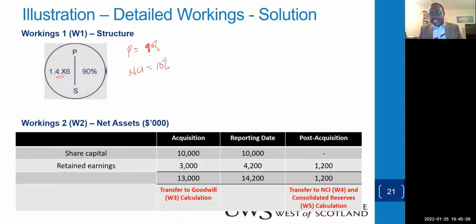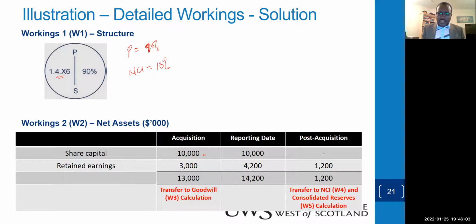Then I calculate the identifiable net assets of the subsidiary, which I need for my goodwill calculation, for my transfer to the NCI, and for my reserve calculation. First and foremost, what was the share capital of the subsidiary? If you look at the question, it was 10,000, or 10 million.